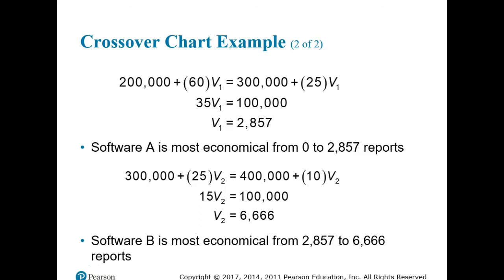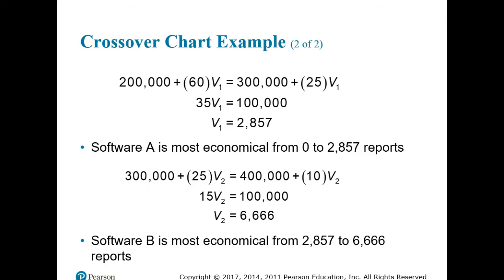You'll see that on the next slide, where A seemed most economical at that point in production. And software C is the most economical if the reports exceed 6,666. So you can't just hypothesize, based on the first point in production where you're at in volume, that it's necessarily going to be the most economically sound approach.